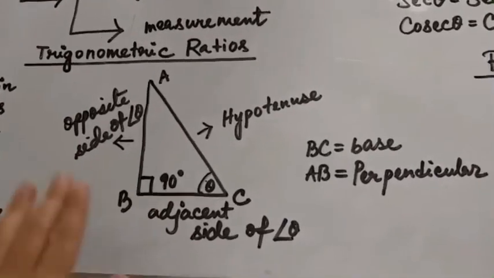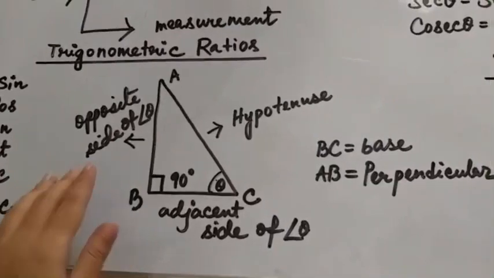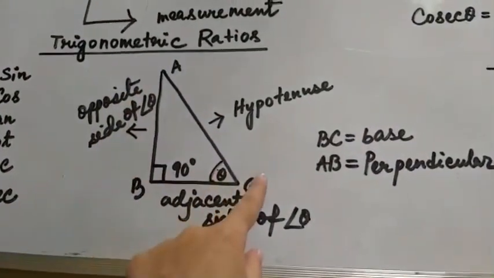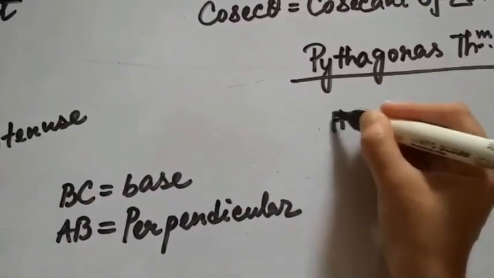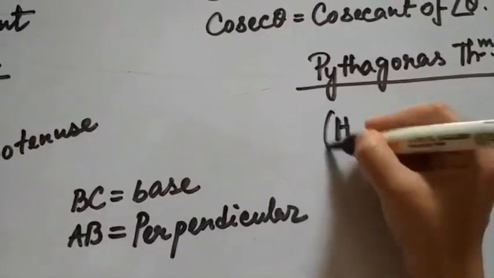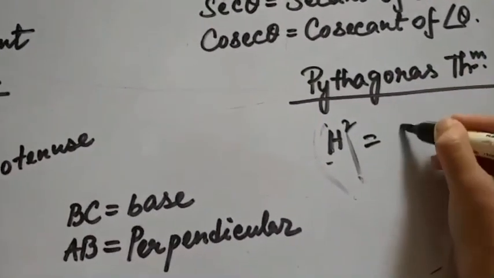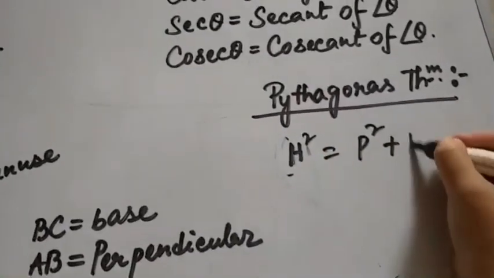That means if I see this picture, according to the rule, the formula will be AC square equals to AB square plus BC square. Okay, so I am writing the short form, that is H square equals to perpendicular square plus base square.